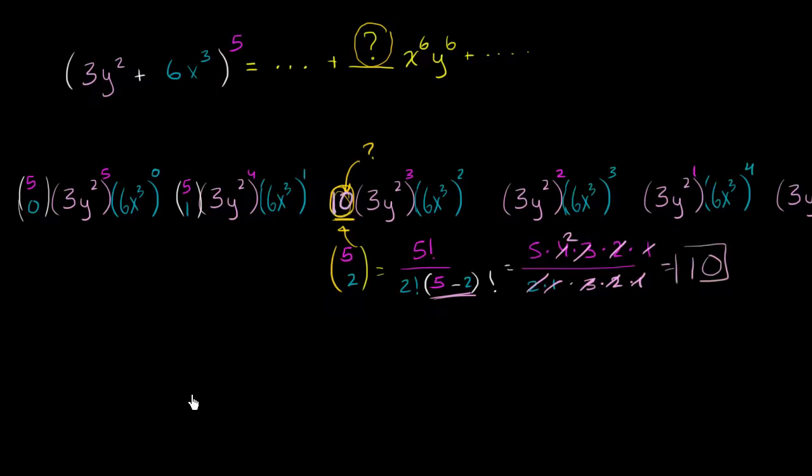Now another way we could have done it is using Pascal's triangle. When I raise the binomial to the second power, 1, 2, 1 are the coefficients. When I raise it to the third power, the coefficients are 1, 3, 3, 1. When I raise it to the fourth power, the coefficients are 1, 4, 6, 4, 1.